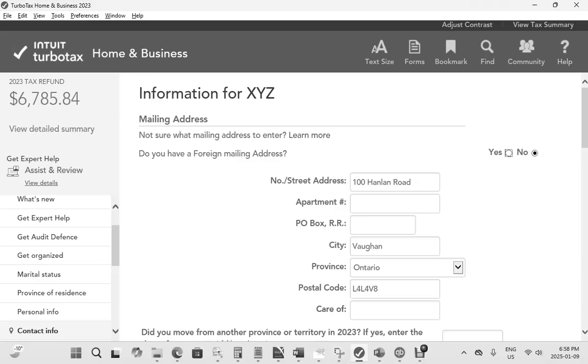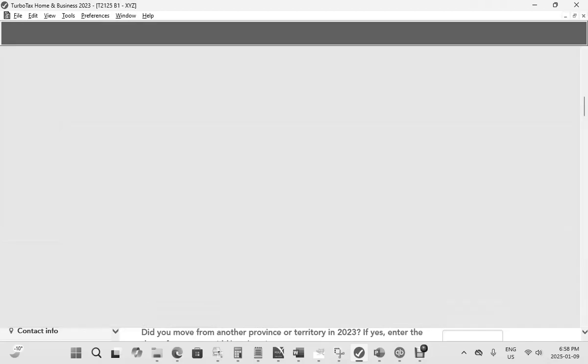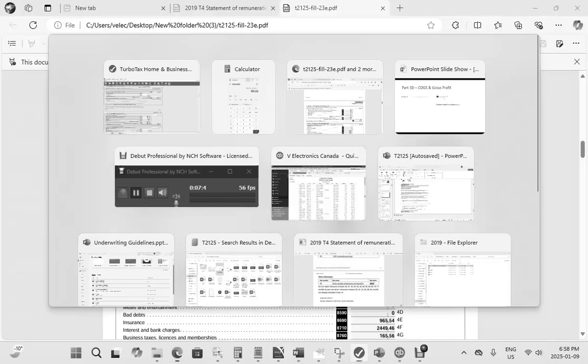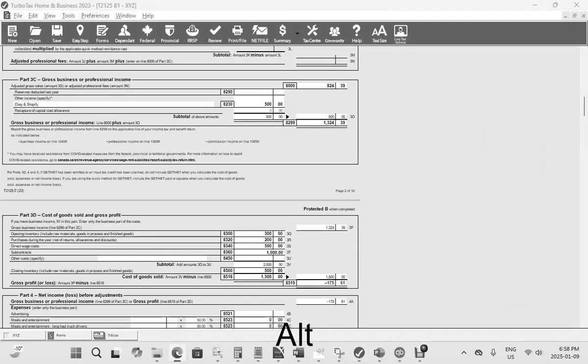The more you pay to your subcontractors, to your freelancers, the better your tax refund. So let's change it back to what it was before, $50.